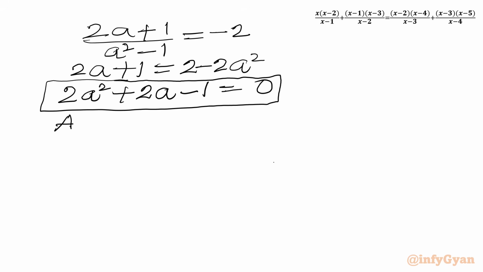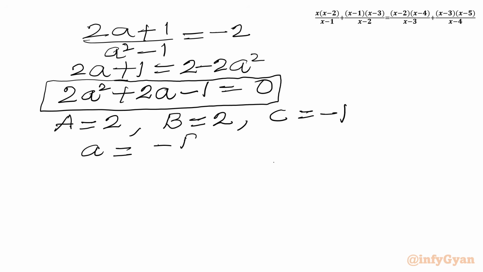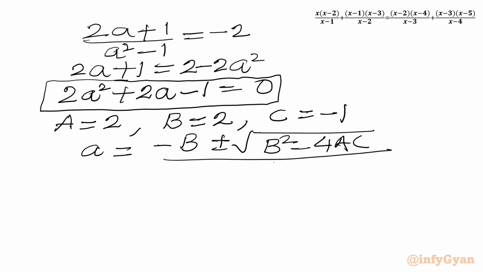Here capital A, the coefficient of small a square, is 2, capital B, the coefficient of small a, is 2, and C is negative 1. As per the formula, we'll write minus B plus minus the square root of B square minus 4 times A times C, over 2 times A. Let's plug in all the values over here.